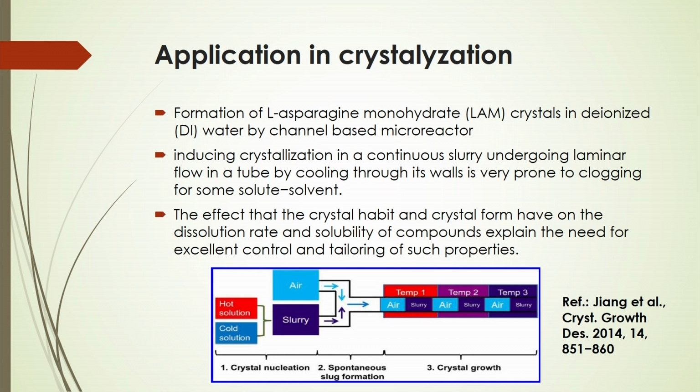In that case, crystallization in a continuous slurry undergoing laminar flow in a tube, cooled through its walls, will be very prone to clogging for some solute solvent systems. So, that should be taken care of. Sometimes whenever crystals are formed in the channels, they may clog the flow. That is why nowadays people are thinking about crystallization processes where nanocrystals can be formed in the microchannel in a process intensification way.